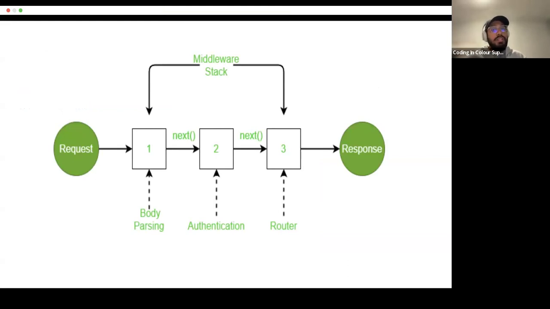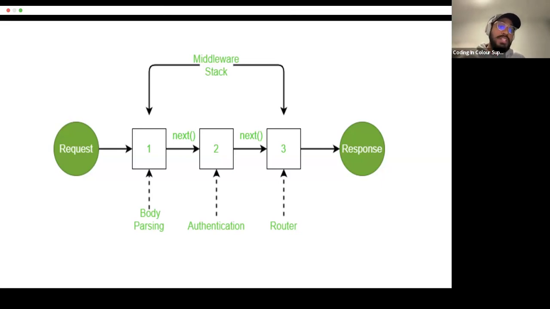Once that's done, the middleware sends it to the next part of the process, which is authentication. And after that's done, it gets sent to the router to be sent to whichever endpoint is required.